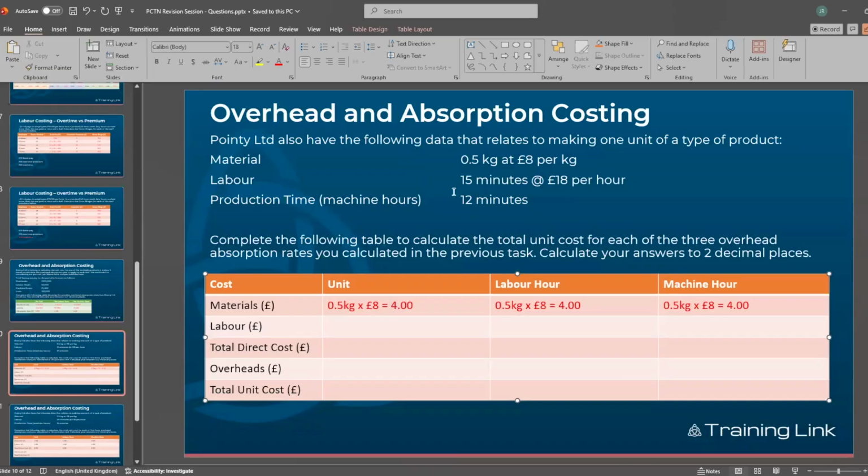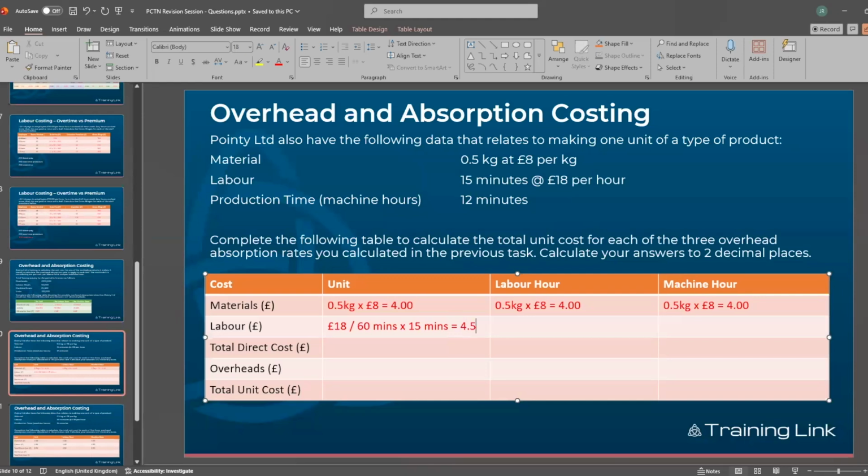Then we're going to go to labour, and this is where we do £18 per hour. If we're doing this in a formula, divide by 60 minutes because that will give you a cost per minute, and then times by the amount of minutes it takes to make it.